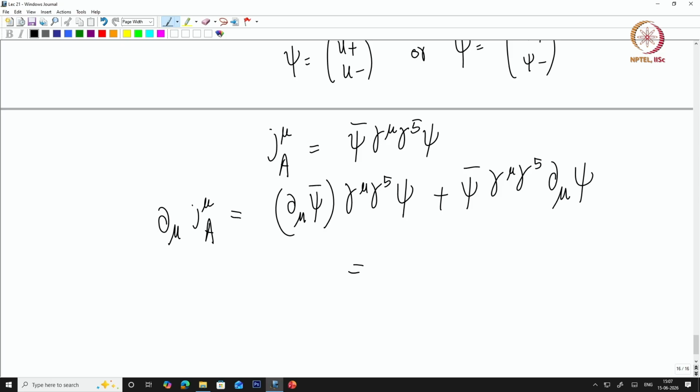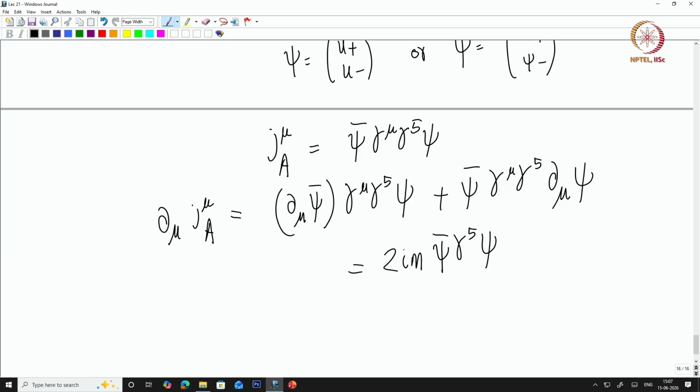Using the equations of motion, this gives me 2 i m psi bar gamma 5 psi, which is the pseudoscalar current essentially.